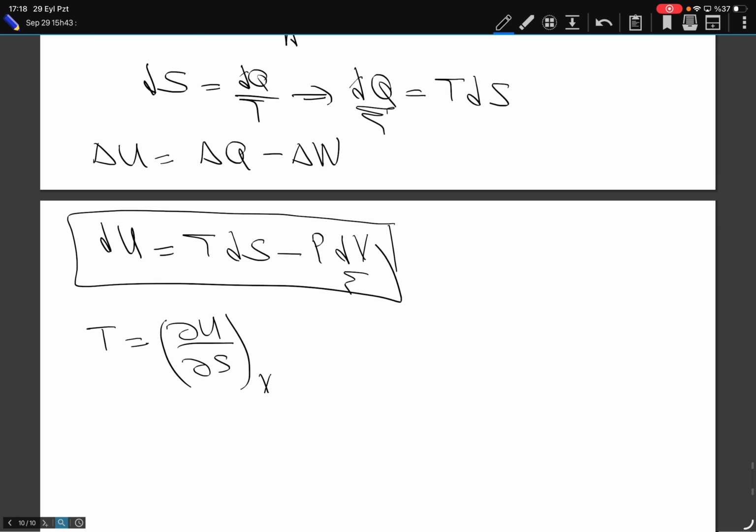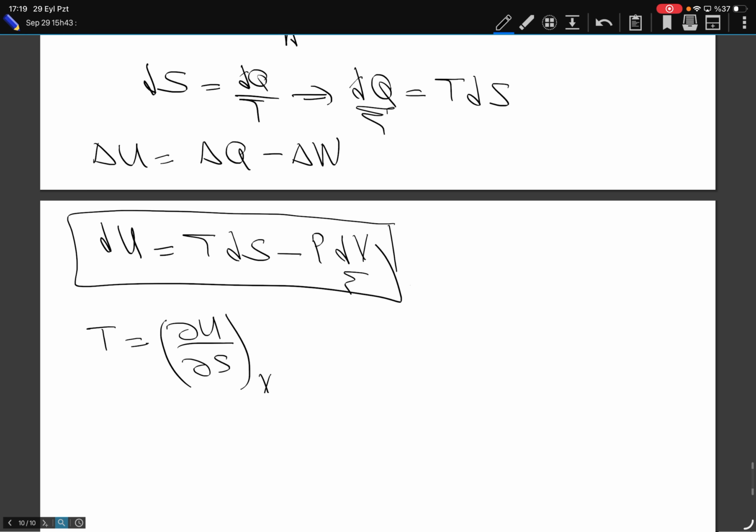Or I can assume I keep the entropy constant. I isolate my system, dS is 0, there's no heat exchange. And again, just keep in mind that for this relationship to be valid or meaningful even, my system has to be in equilibrium at each step of the change. I'm slowly changing the volume so that I can talk about the pressure throughout the volume.